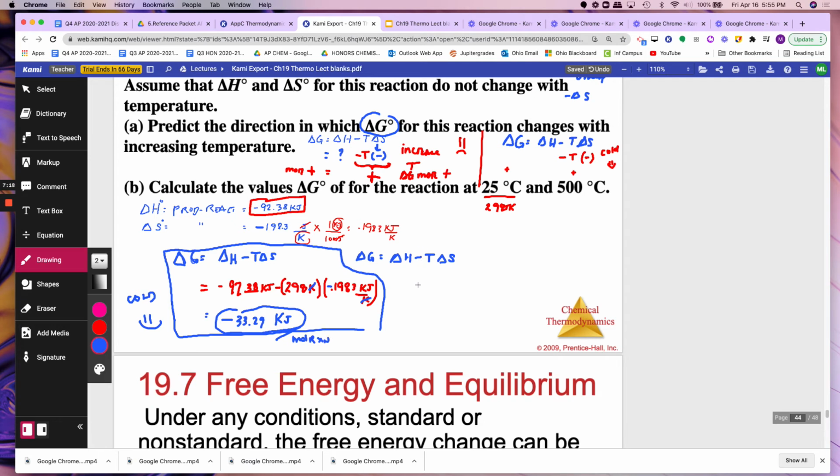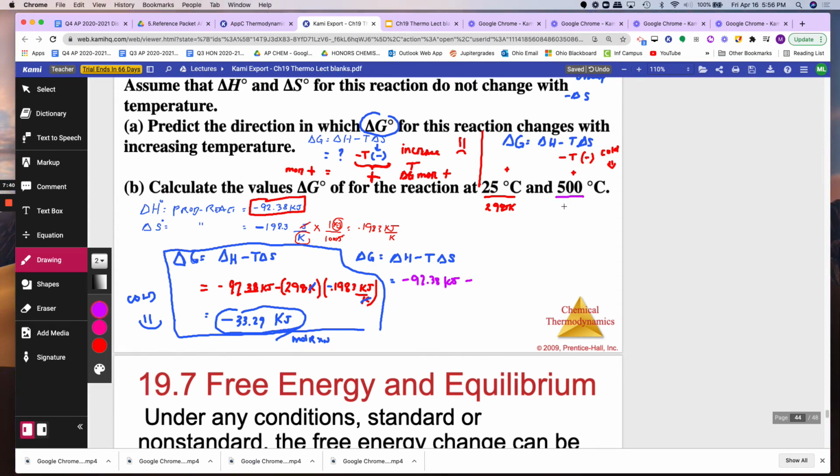So let's try it again here. Delta H is the same one, negative 92.38 kilojoules, minus, now the temperature is 500 plus 273, that is 773.